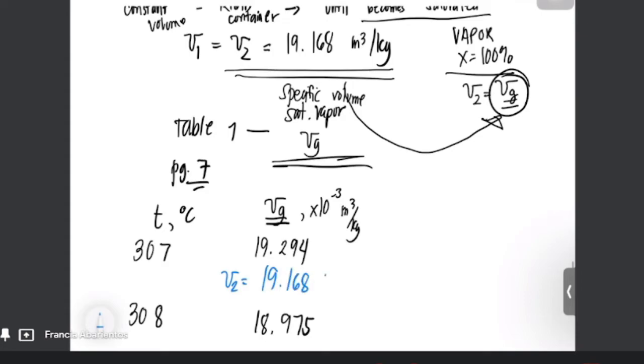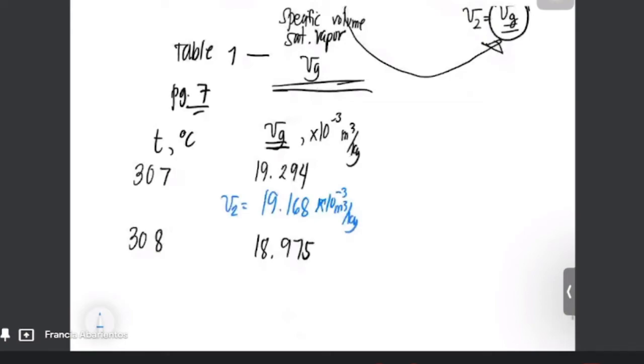19.168. Okay, so nagpo-fall to, class, here. Nagpo-fall yung state natin, the constant volume at point 2, between this value na 19.294 cubic meter per kilogram mass times 10 to the negative 3, okay? And also the 18.975.